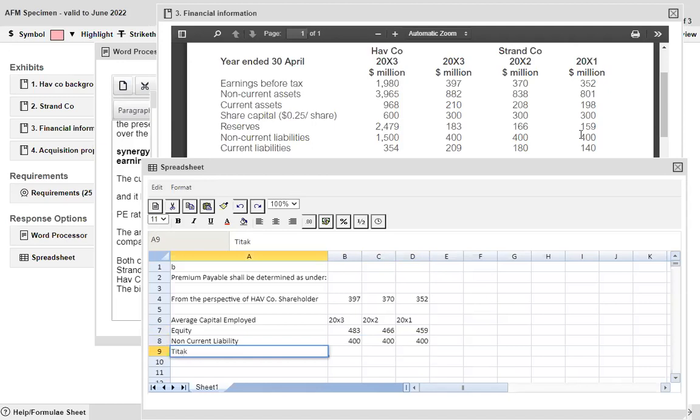So the total capital employed is what? It is this plus this.